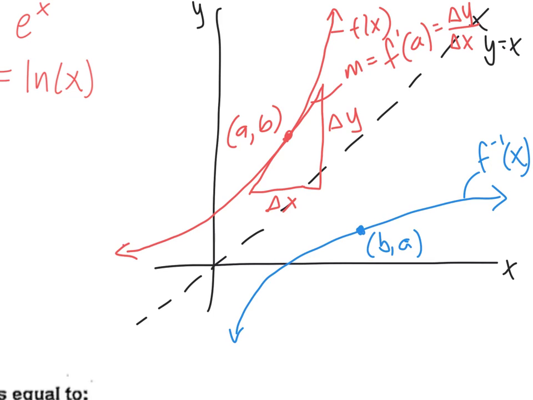So what I want to do now is talk about what would happen at the slope of the corresponding point on the inverse graph. The slope is going to be f inverse prime of b.